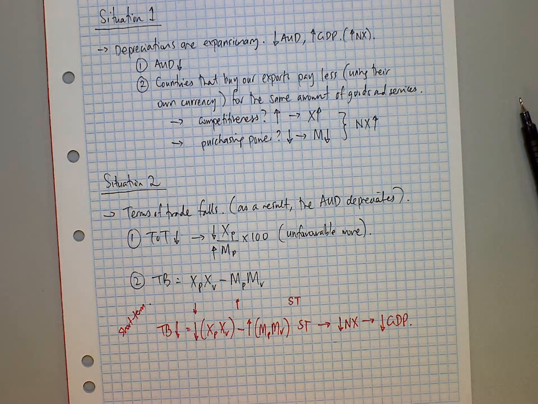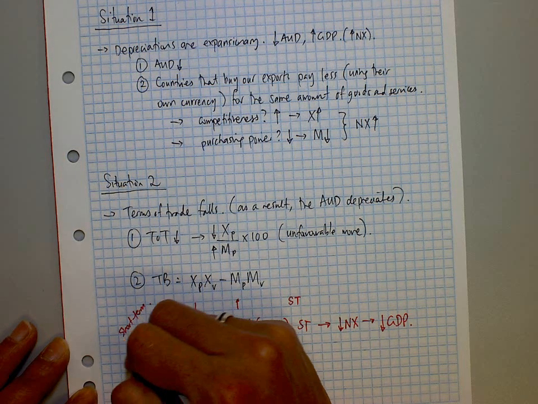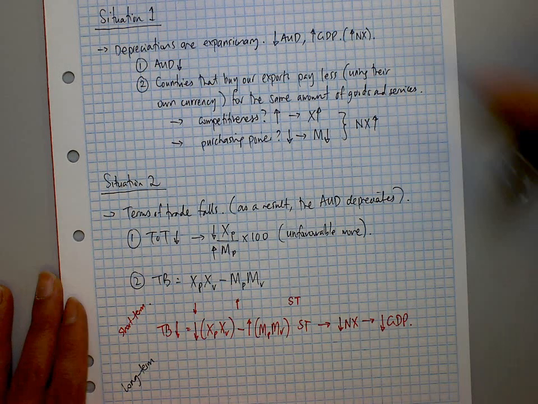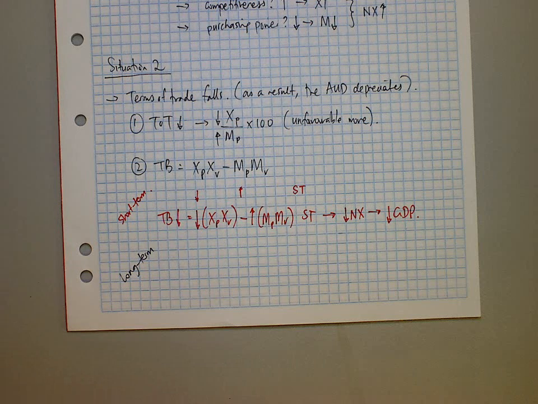So now we're going to talk about long term. So in the long term, what happens to volumes, which doesn't happen in the short term? What do you reckon? Yep. Yeah, good. So volumes can change.